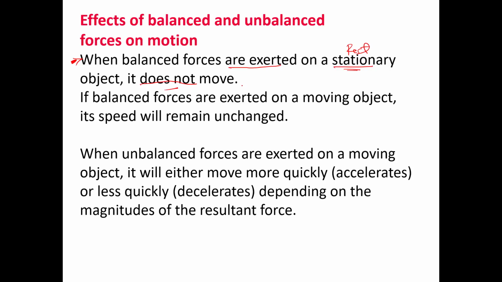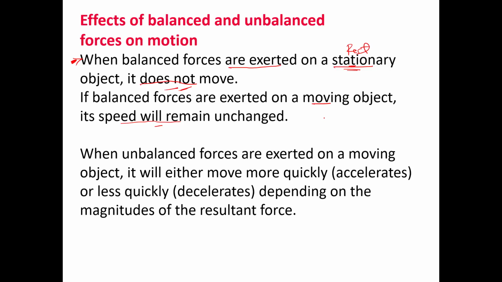If one side is pulling the other side and the other side is being pulled by an equal force and the body was at rest, then the body does not move. If balanced forces are exerted on a moving body, the speed will remain unchanged. For example, if the body was moving at 20 meters per second, the speed will remain as 20 meters per second, because the balanced forces are being acted onto that body.